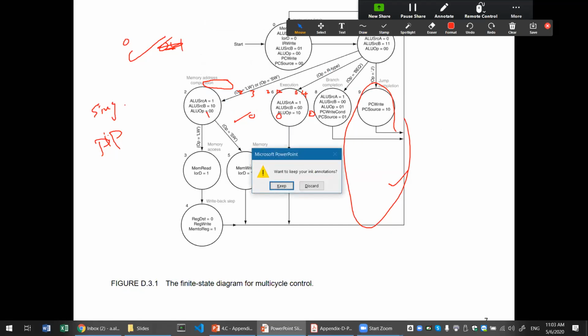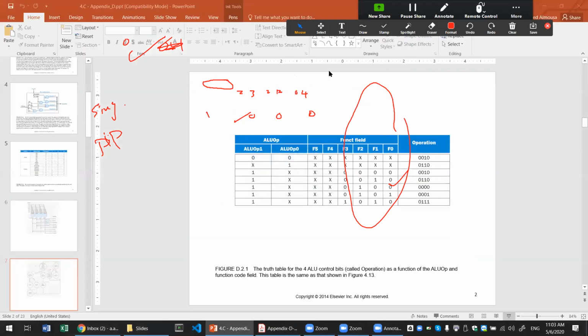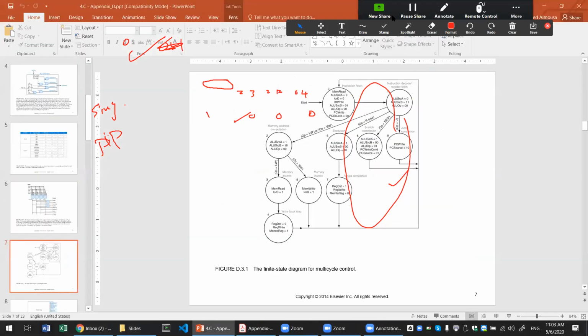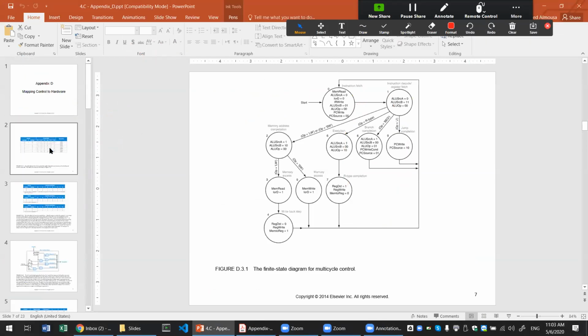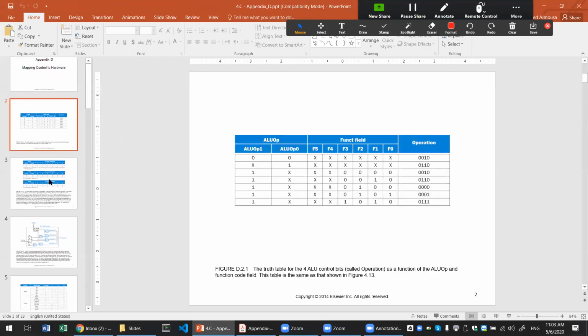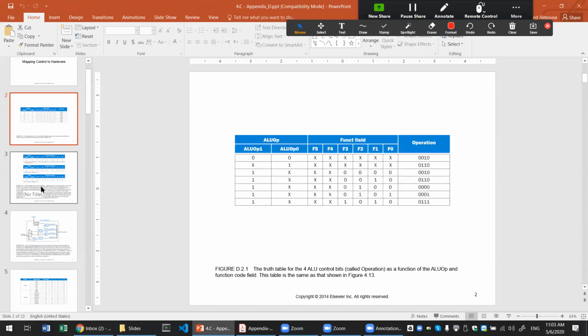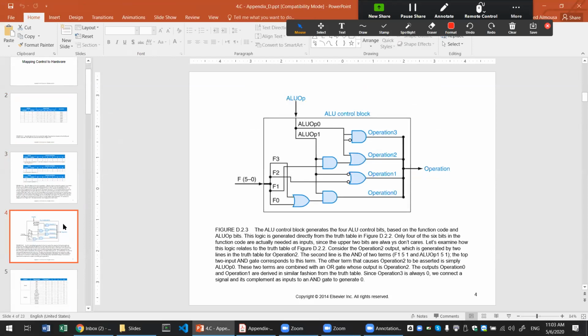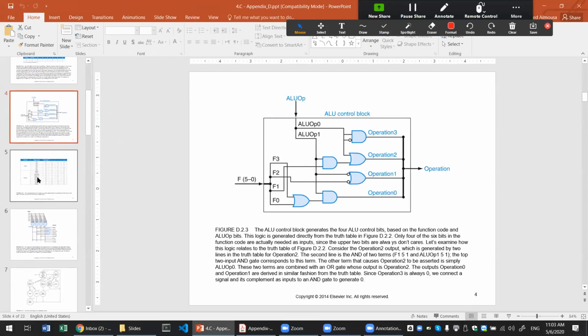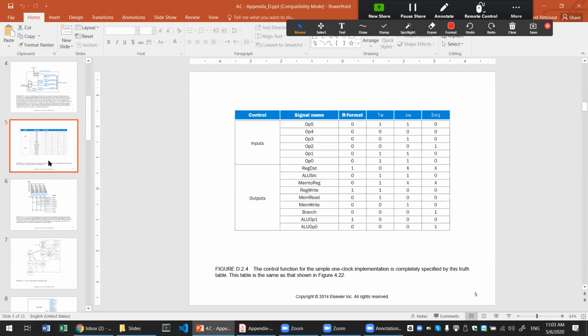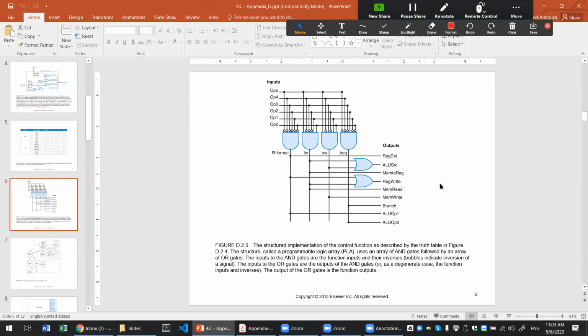So that's it. As far as the control for the processor, what is required of you is this concept of how we reduced the tables using the don't cares. Then we take them to implement how we generate the ALU control using the function field. And the most important part is how you can generate the control units.